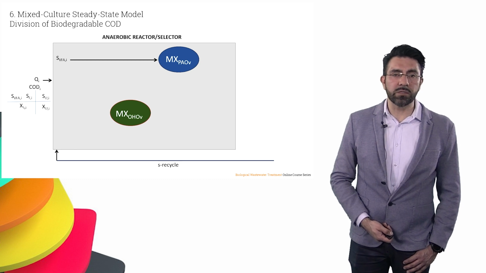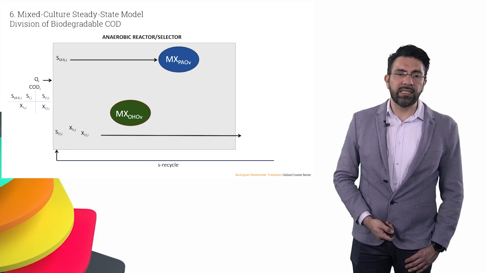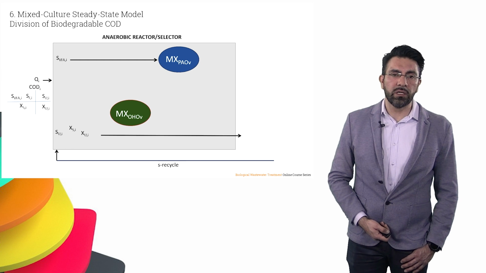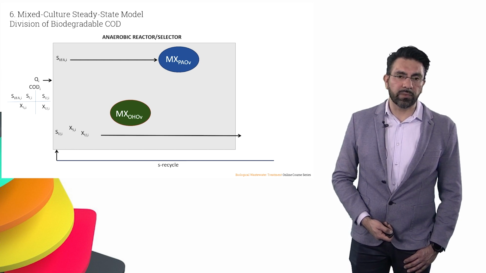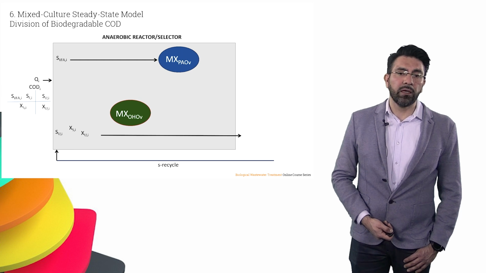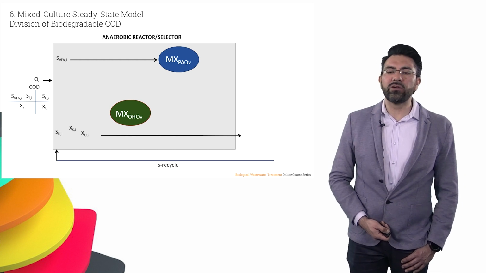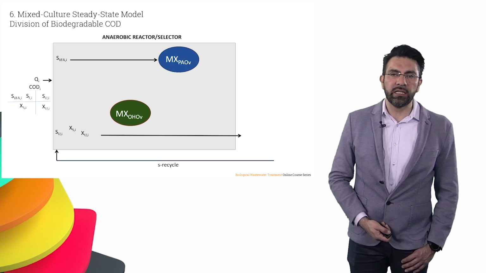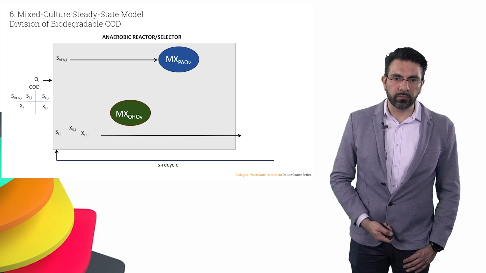This is one of the first assumptions that the model makes. The other assumption is that the unbiodegradable soluble organics, SUI, and the unbiodegradable particulate organics, XUI, because they are unbiodegradable, will not react and will not be converted when passing through the anaerobic reactor or selector.